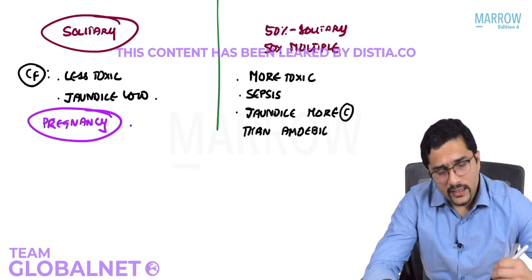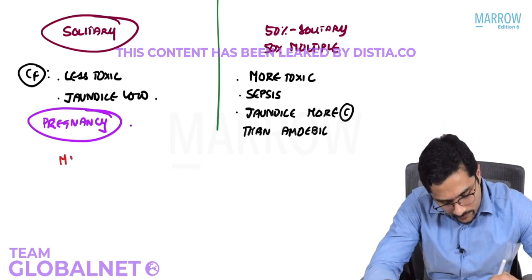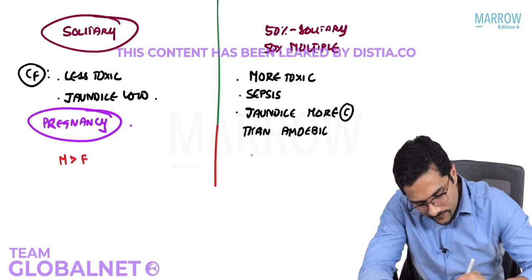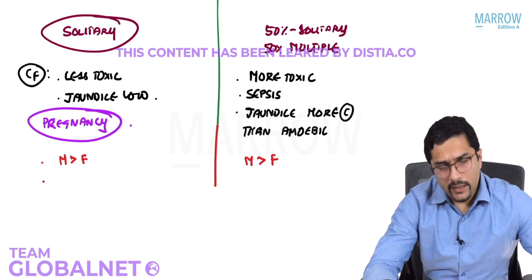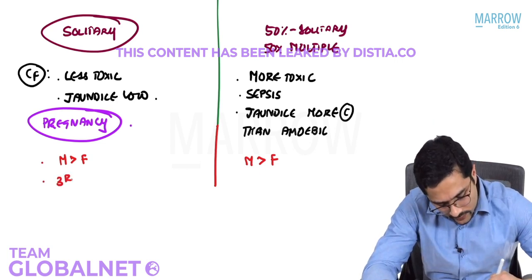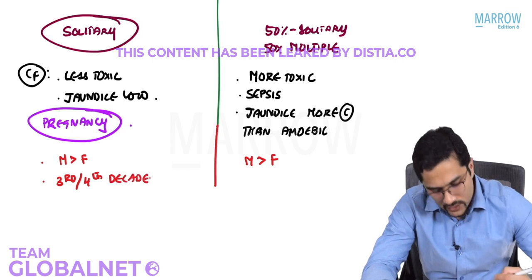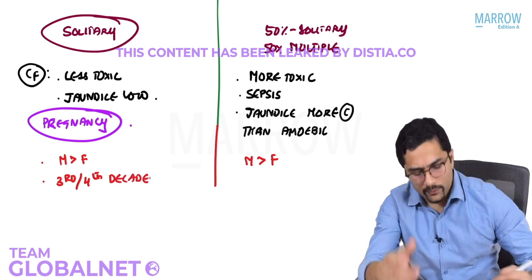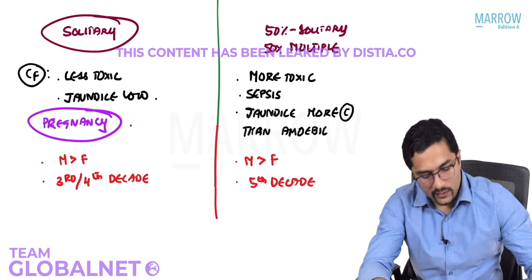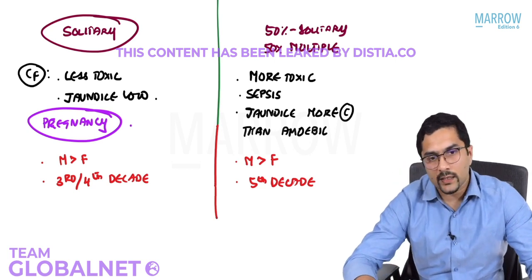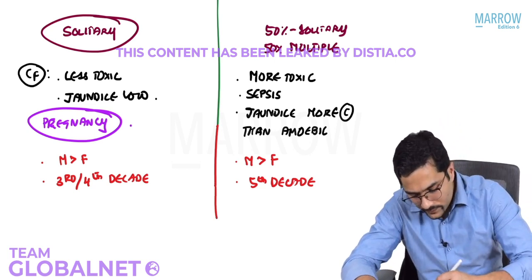Also, both these liver abscesses are more common in males as compared to females. Amoebic liver abscesses usually occur in the 3rd or 4th decade of life, whereas pyogenic liver abscesses occur more commonly in immunocompromised patients, and they occur beyond the 5th decade of life. That is another point which you should know about.